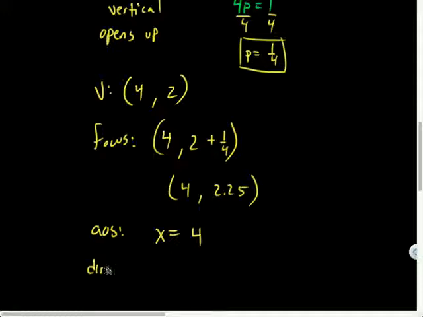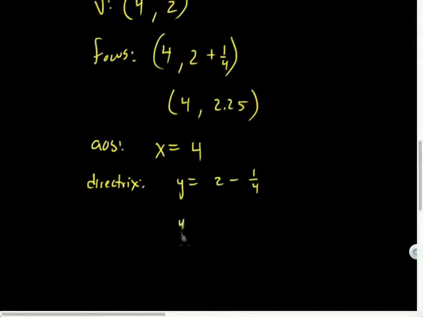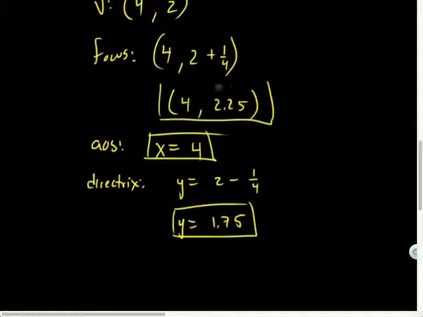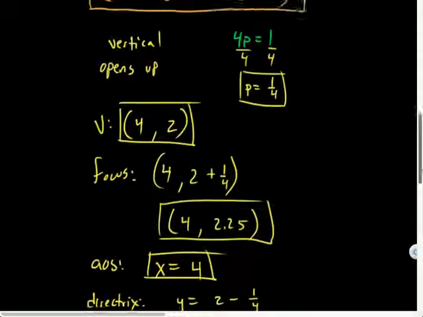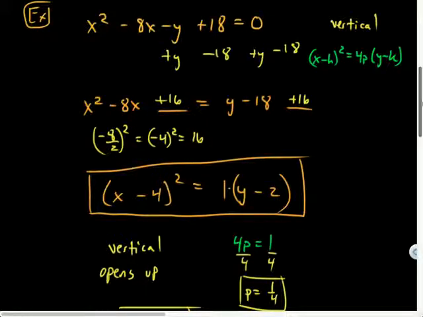And the directrix is going to be y equals 2, your y-coordinate, minus the value of p, so 2 minus a quarter. That gives me the equation y equals 1.75. So those are the directrix, the axis of symmetry, the focus, and the vertex. Everything I would need to know about this parabola, I was able to gather from that.